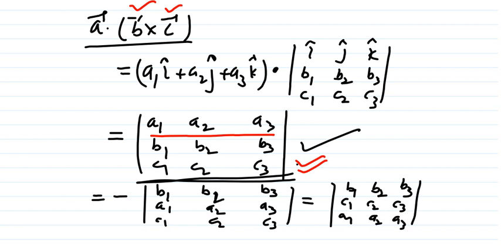So this can be written as b dot c cross a using same concept. So we can say that a dot b cross c is equal to b dot c cross a. Fine. And similarly we can prove that this is equal to c dot a cross b. So we have finished the proof of this portion.